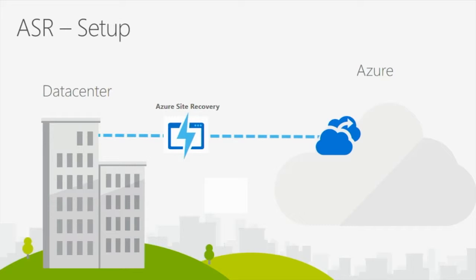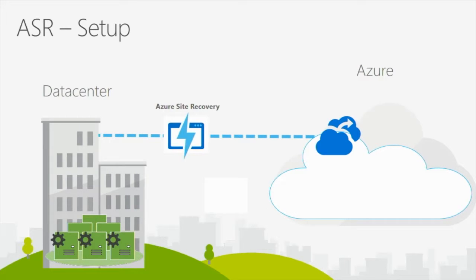For the demo that we're running today, I've got a Hyper-V host, and I don't have Virtual Machine Manager. So I'm going to be prompted to create a site within ASR, and then I'm going to be prompted to deploy agents to my Hyper-V hosts and associate those hosts with that site. There's a config file I'm going to download, which is going to give all the information for my host to be able to go and register itself with that site.